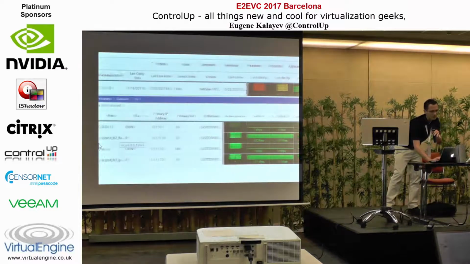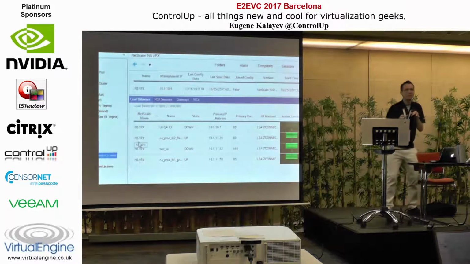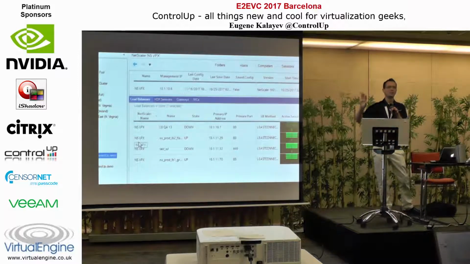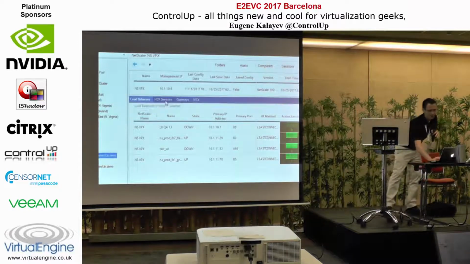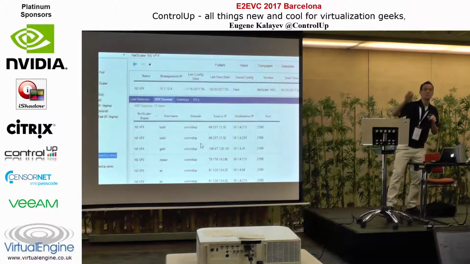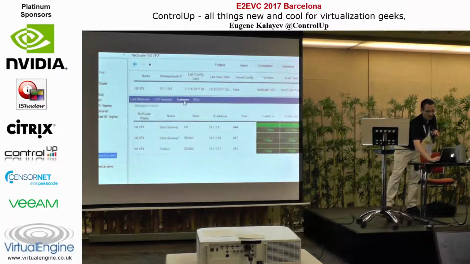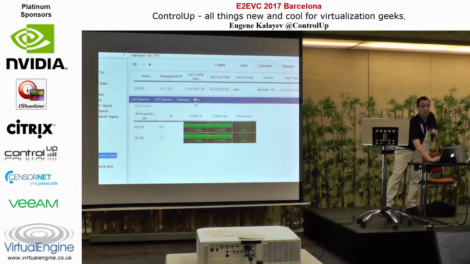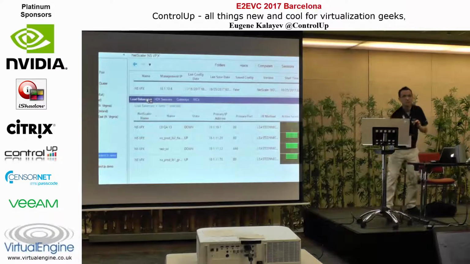Again, we can't really bring everything, but we try to bring the central and most important stuff. The HDX sessions themselves, including the option to kill actual sessions live, gateways, and NICs. So all the major objects associated with NetScalers.